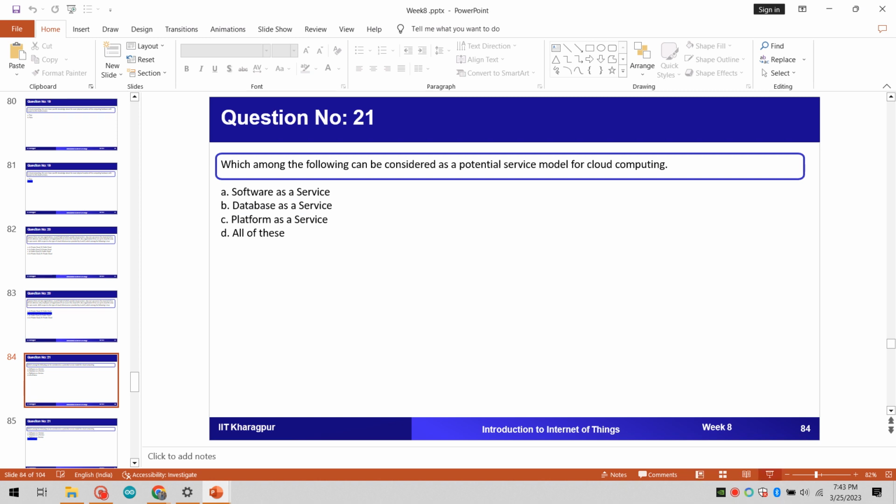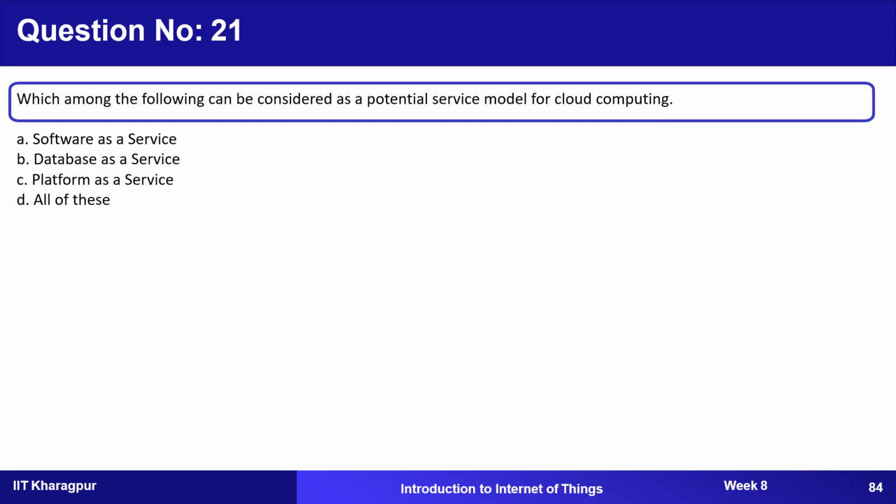I'm repeating the question. Which of the following can be considered as a potential service model for cloud computing? Options are software as a service, database as a service, platform as a service, all of these.